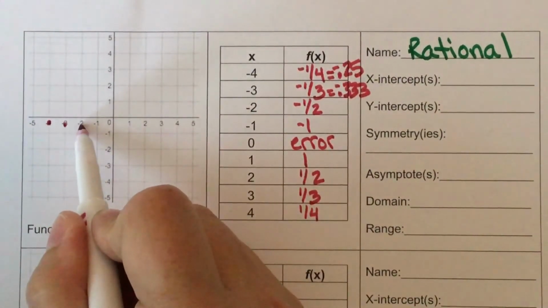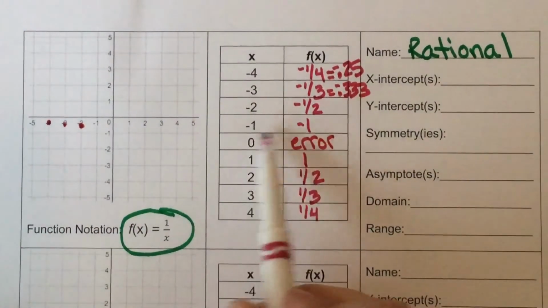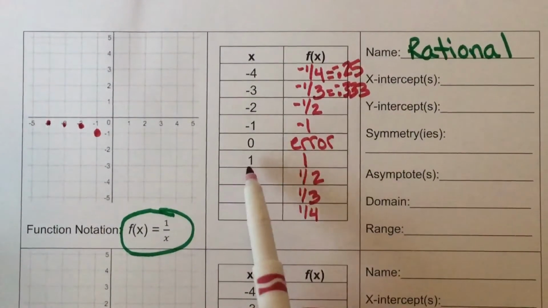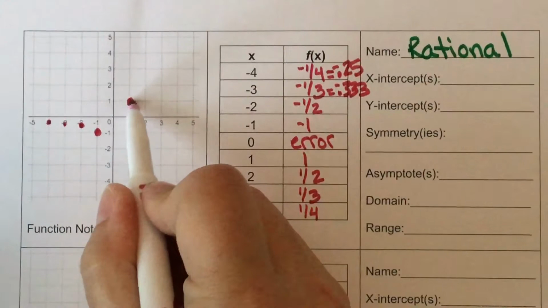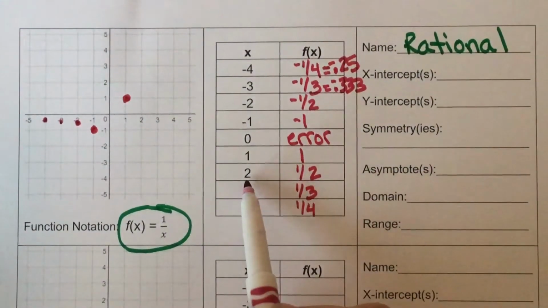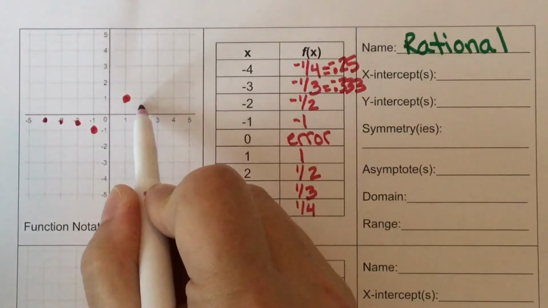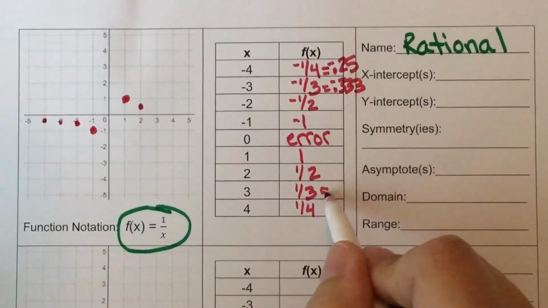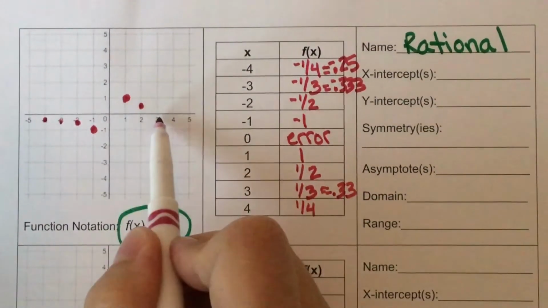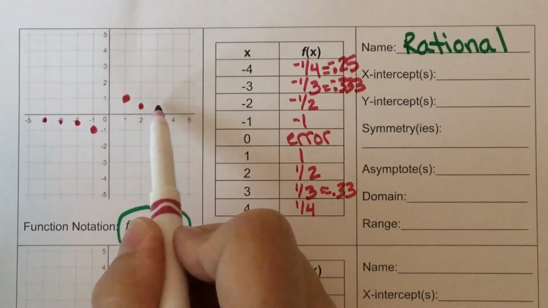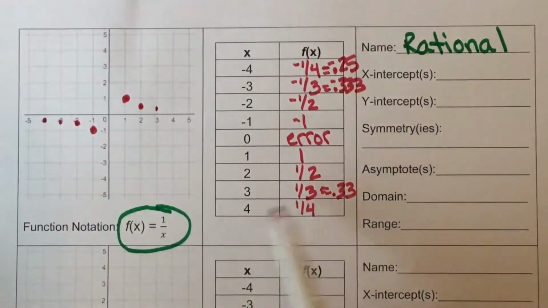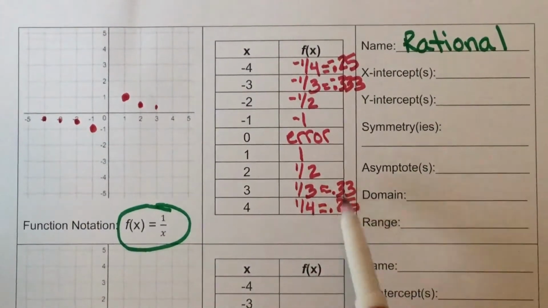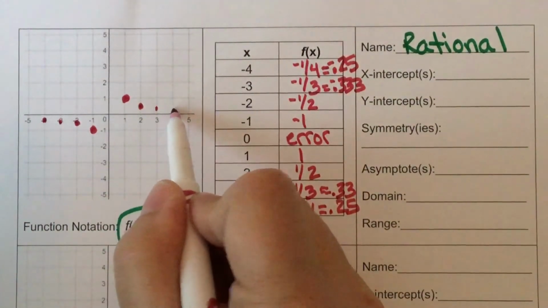Negative 1, negative 1, I go left 1, down 1. I can't do anything with 0. 1, 1, I go right 1, up 1. Right 2, up 1/2, just half of the way. Right 3 and up, remember, this is 0.333 repeating, so not quite half of the way. And a quarter is 0.25, so right 4 and up a quarter of the way.